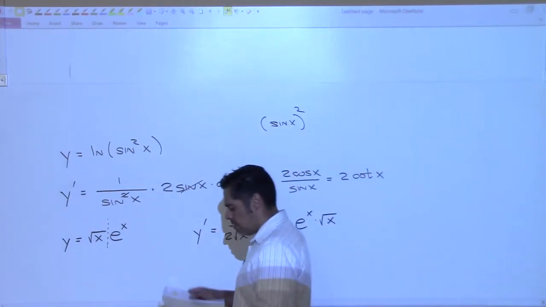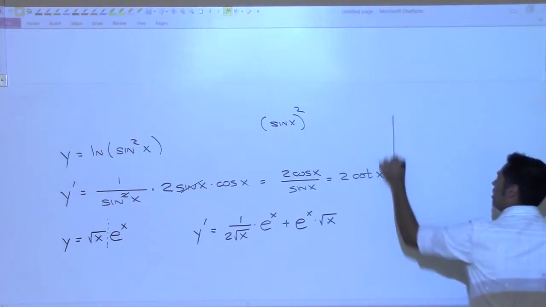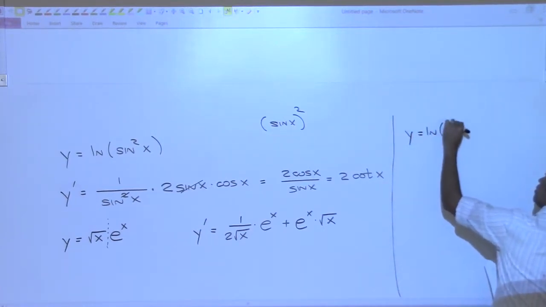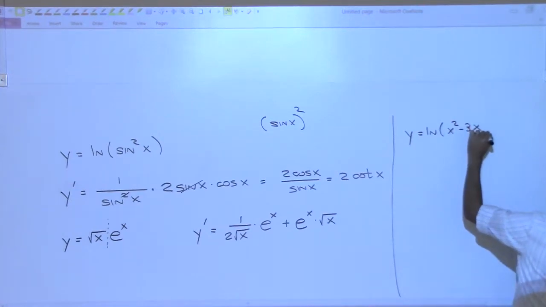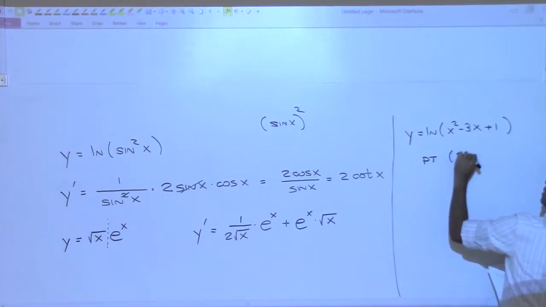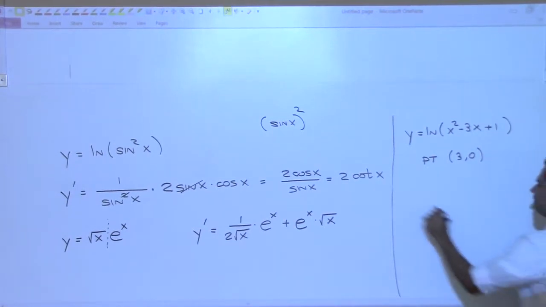Now the last one, the bonus, this one's a little more involved, but start out with this log function. And you're given a point. And you're asked to find the equation of the tangent line to that curve at that point. So the first thing we need to do is find the derivative.